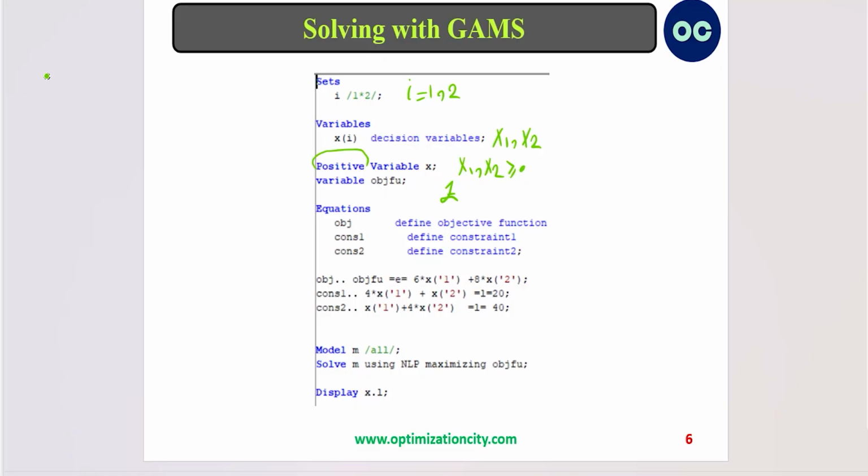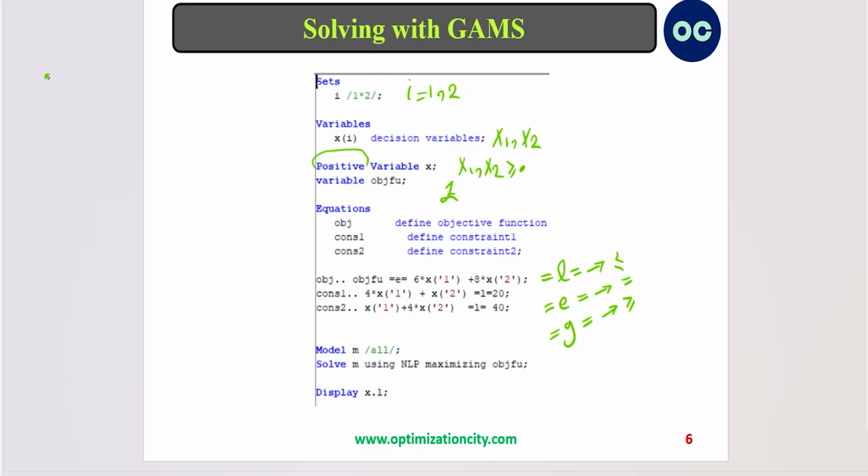As we stated before in the earlier video, we have three signs in GAMS: =L= is less than or equal, =E= is equal, and =G= is greater than or equal.